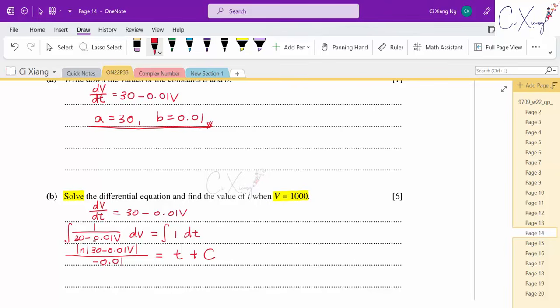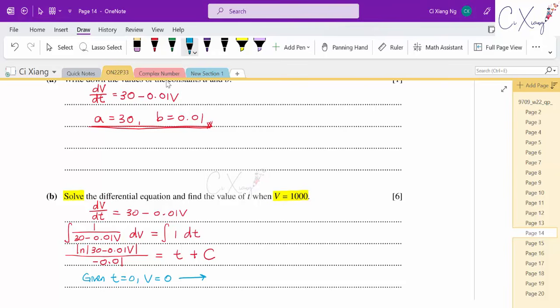From this part, let's find the constant c, given t equals 0 and the pool is empty. Therefore, when t equals 0, the volume inside the pool is also 0.